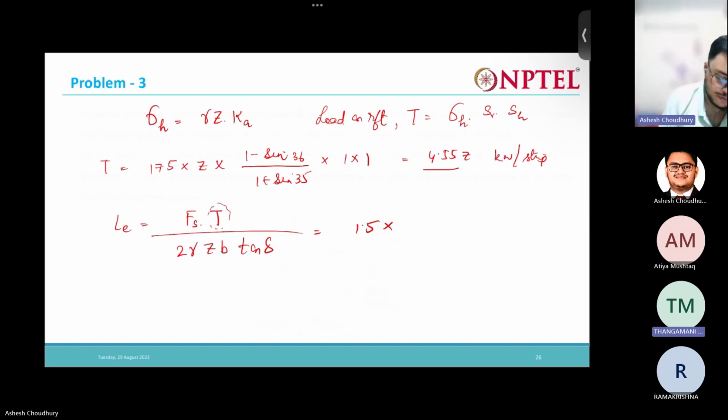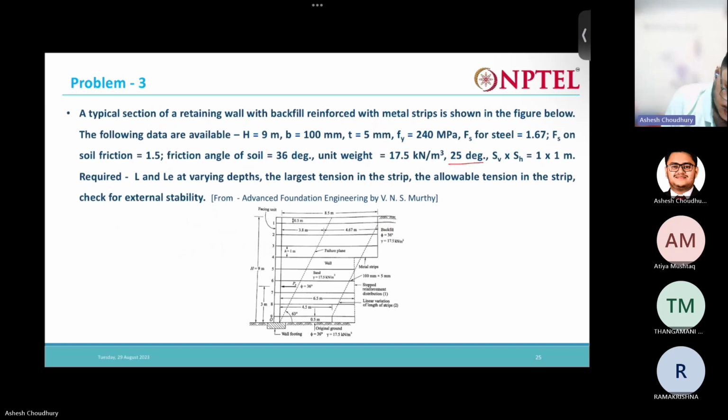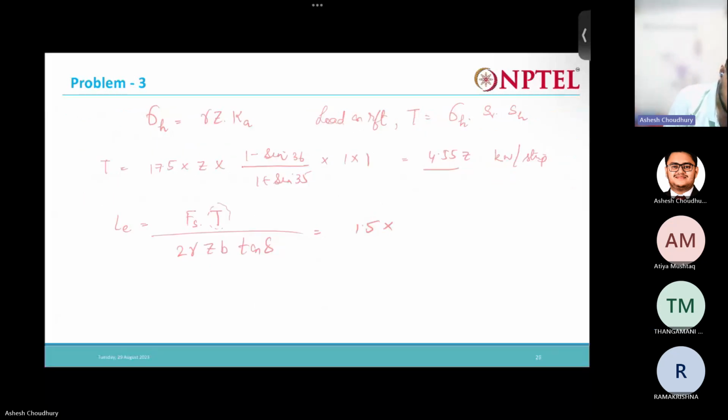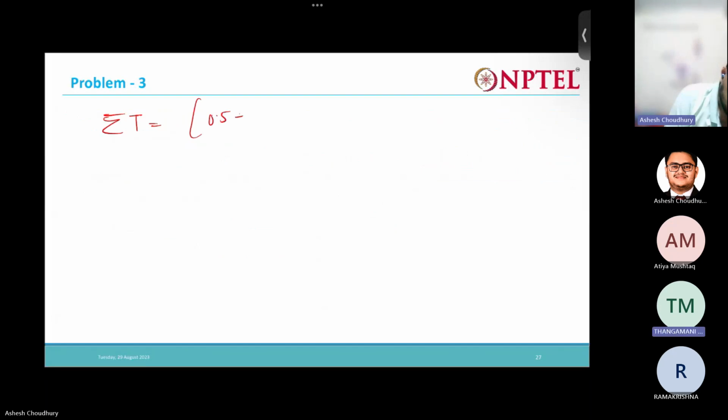There are 9 layers, right? The first one is at 0.5 meters depth, then 1.5 meter, like that.